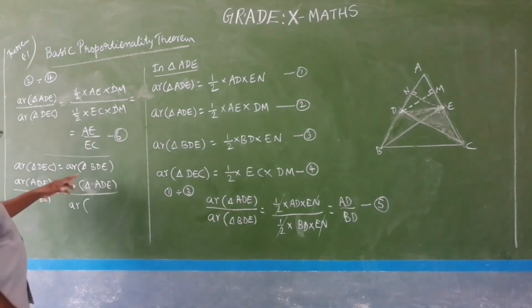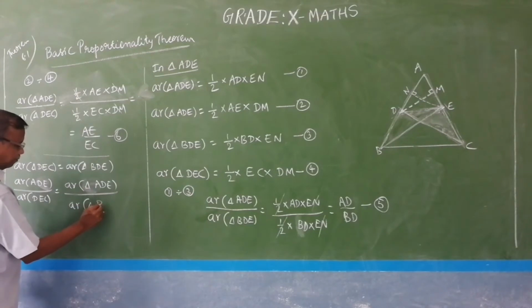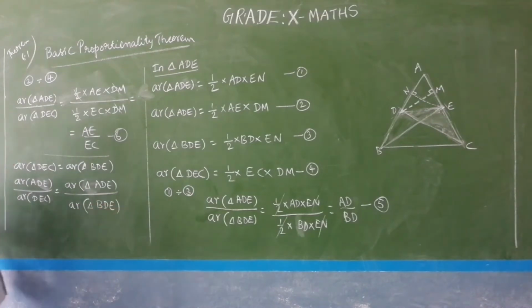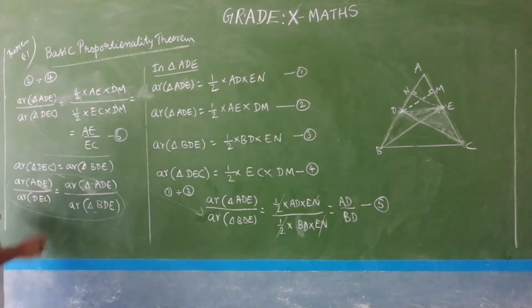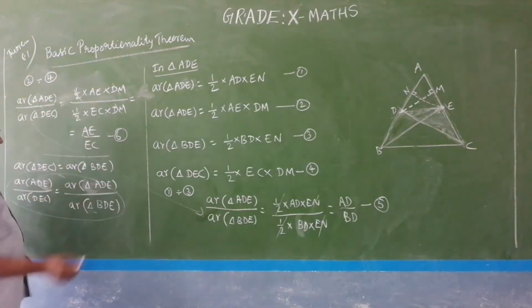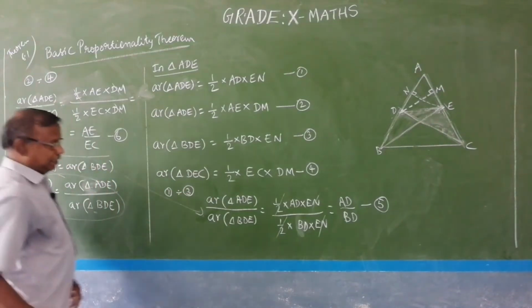Here DEC means definitely it is BDE, because these two are equal in area. So the numerators are equal and the denominators are equal. Therefore these two ratios are equal. Since the LHS are equal, their corresponding RHS are equal. Therefore AD by BD equal to AE by EC.